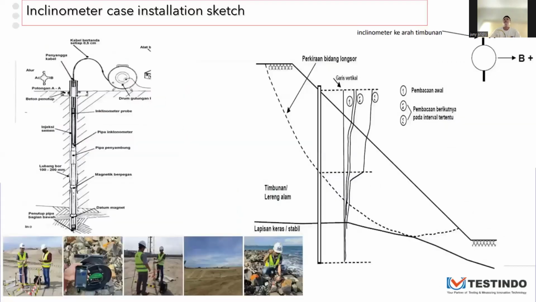Inclino case installation stage. This is the sketch of the inclino installation. The inclino will bore the embankment to 13 meters, and the inclinometer to 20 or 30 meters.